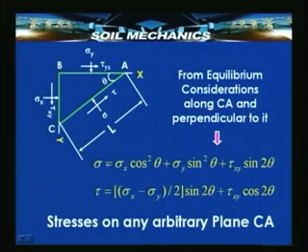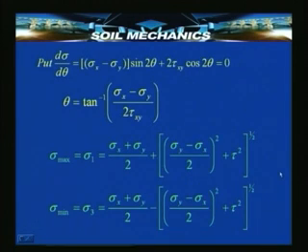This is the expression for sigma, and if sigma has to be minimum or maximum, it simply means mathematically that d sigma by d theta must be 0. So, take d sigma by d theta, put it equal to 0, and this is the condition that you get. Now, under what conditions does this expression become 0?